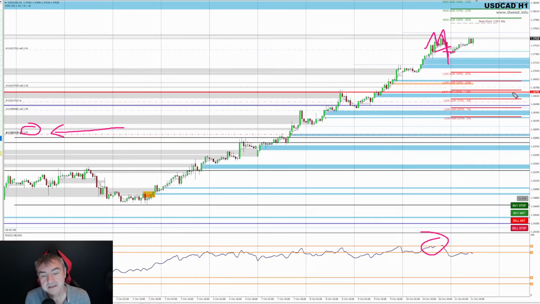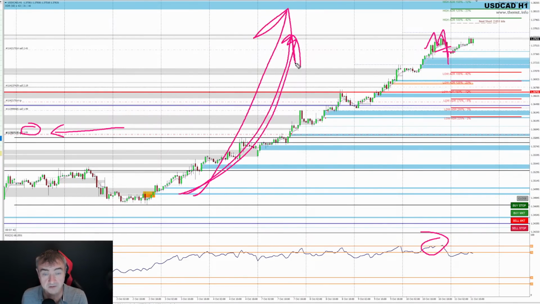So what I'm finding is my initial entry is ever so slightly larger than it would have been with an ADR 10. But that is only true if it hasn't gone parabolic before my entry. Now, if it has gone parabolic before my entry, what I'm finding is my initial entry with ADR 10 is too small, because this thing's moving like crazy.